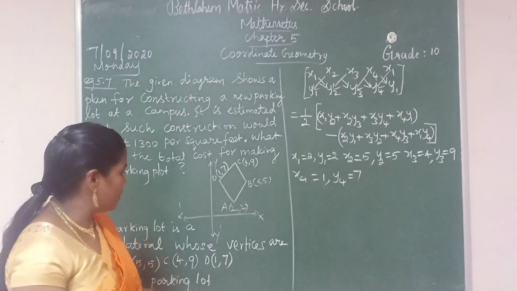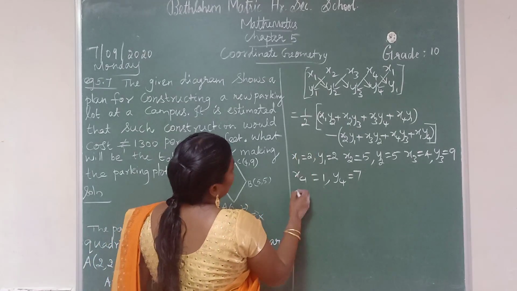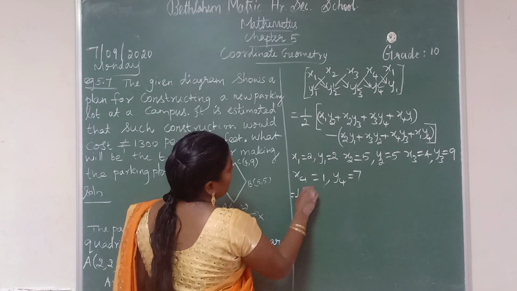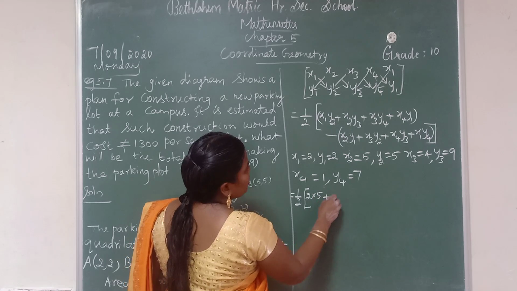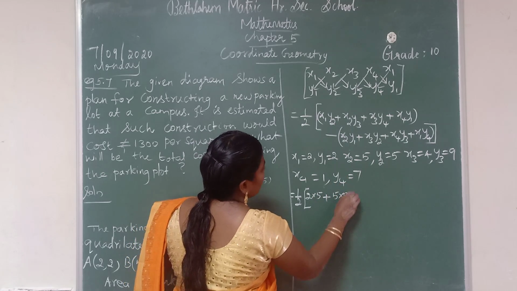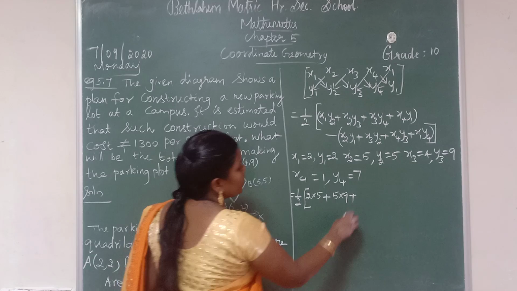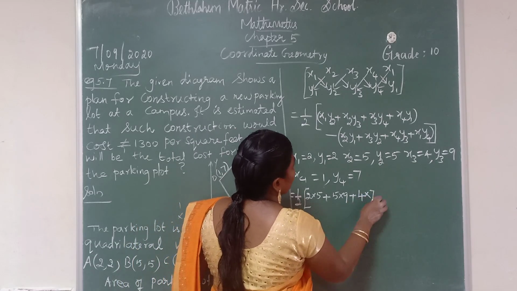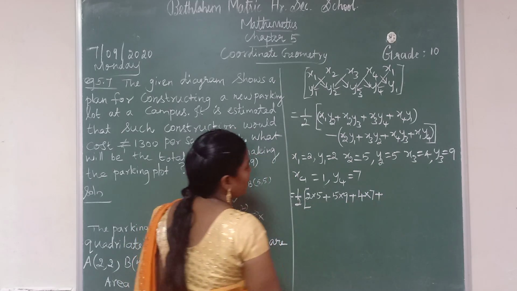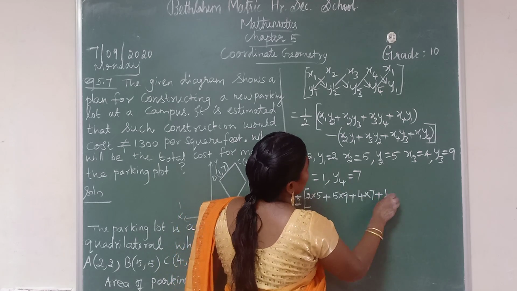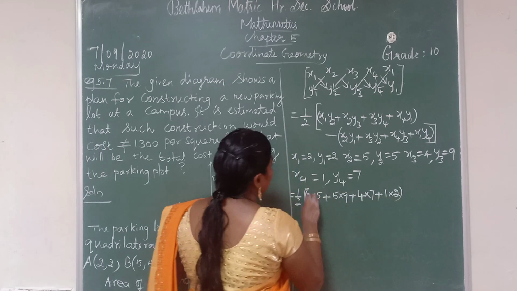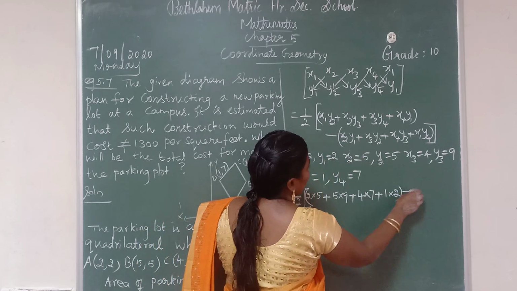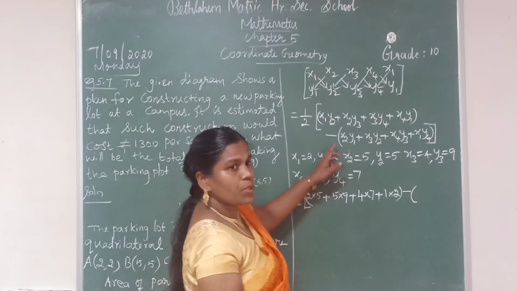Let's substitute the values, which is equal to half into x1 y2, that is 2 into 5, plus x2 y3, that is 5 into 9, plus x3 y4, that is 4 into 7, plus x4 y1, that is 1 into y1. What is y1? 2. Close the bracket. And next minus of x2 y1.